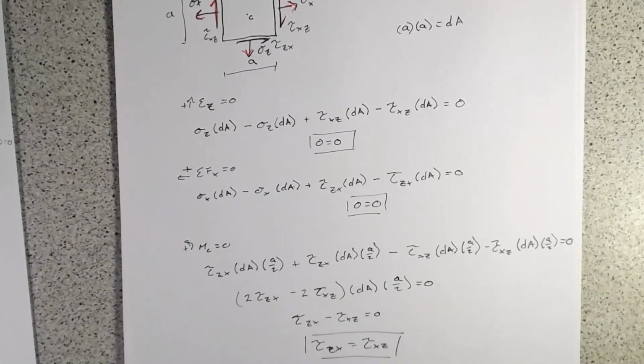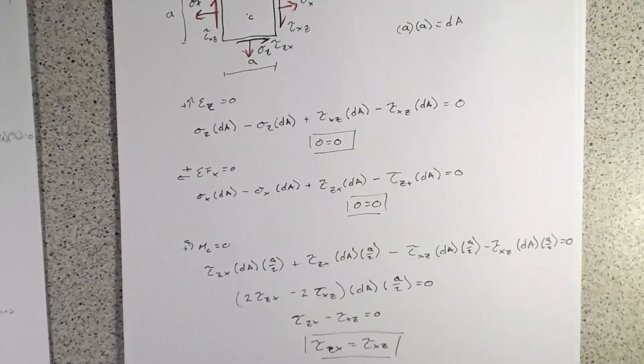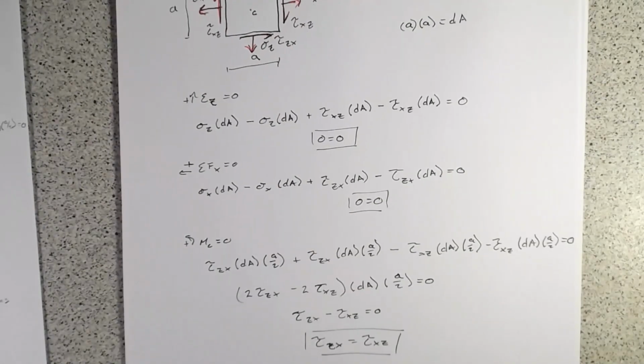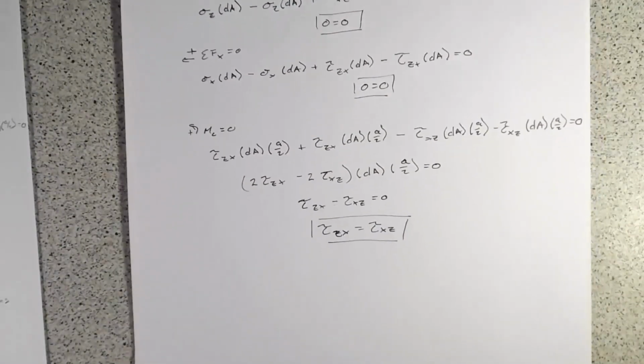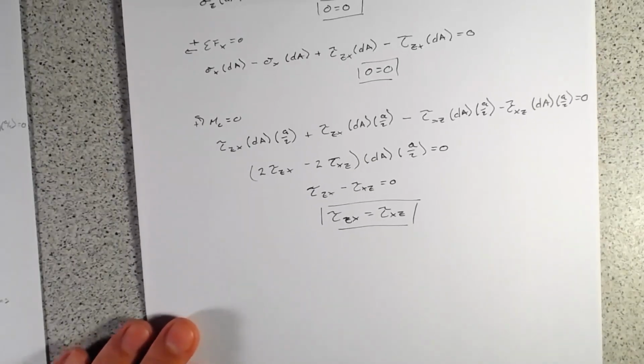So it means that the transverse shear on a member always equals the longitudinal shear at a given point. And so we'll just round that out. Let's look at the other two faces, just to kind of prove that to ourselves.